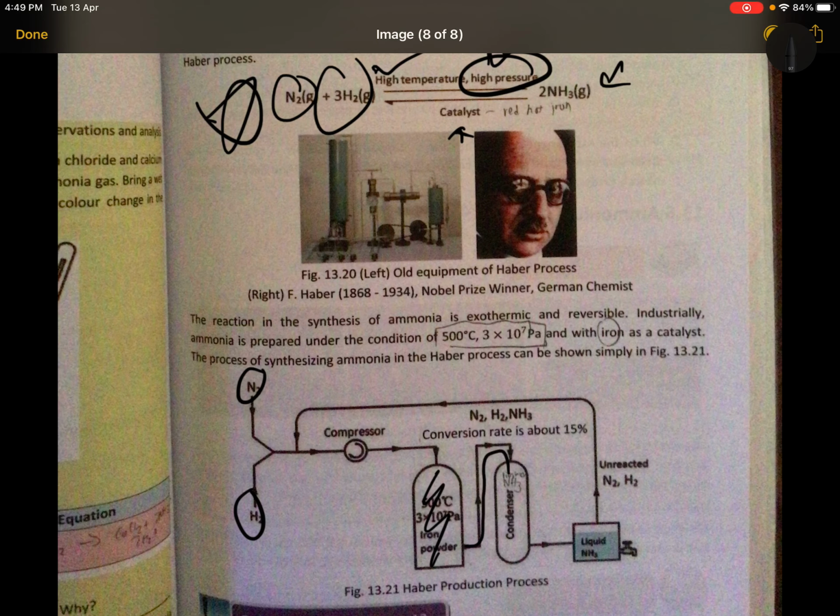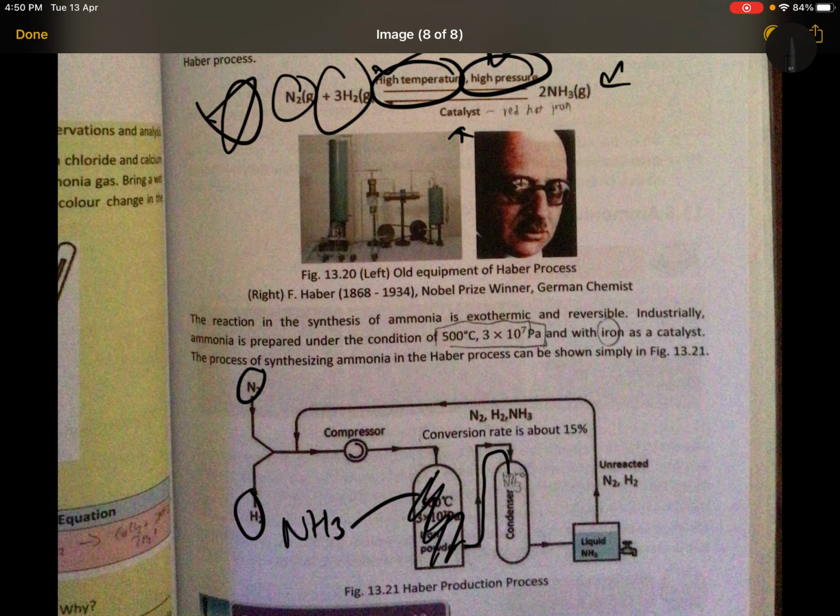It will go into the condenser. Red hot iron is very hot, so it has high temperature. So this chamber is where it becomes NH3.